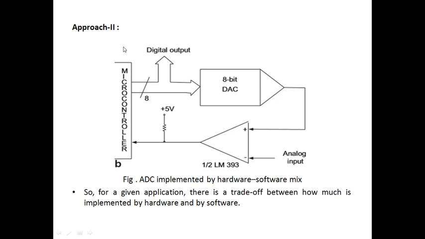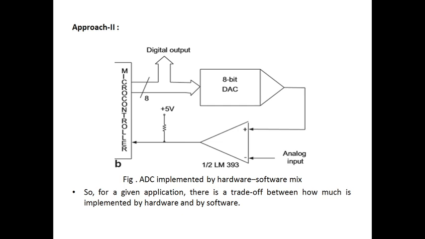Comparing these two approaches, we finally conclude that based on the application we choose a particular approach. If you want high performance, for a high performance application, we choose the first approach. If a low performance is enough, we use the second approach.